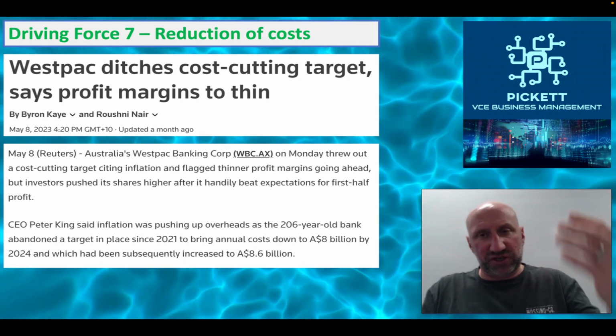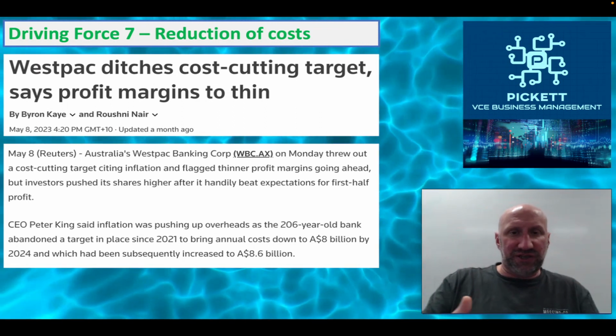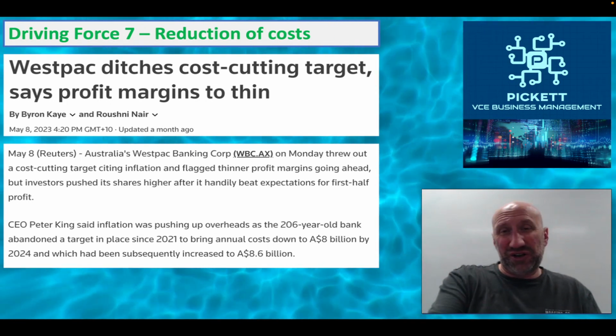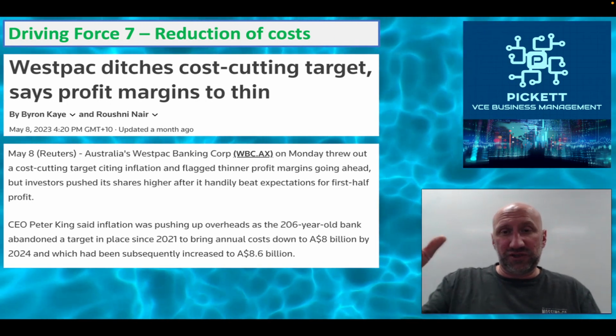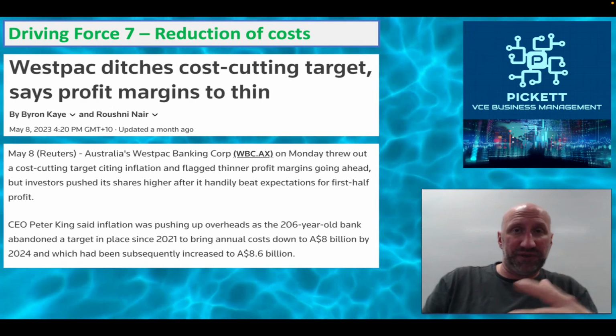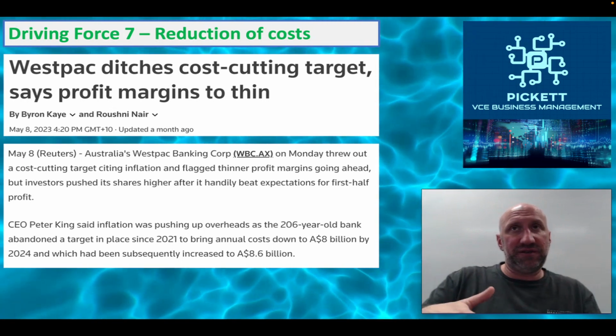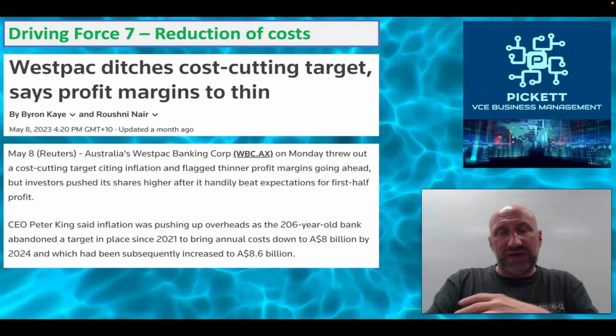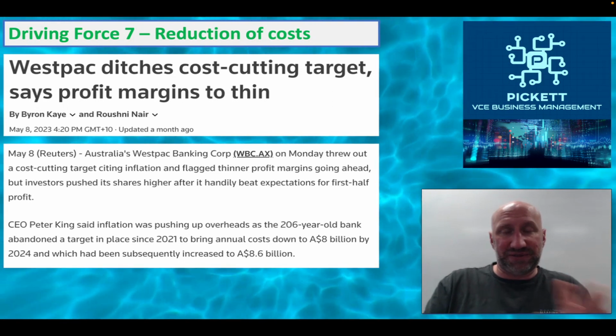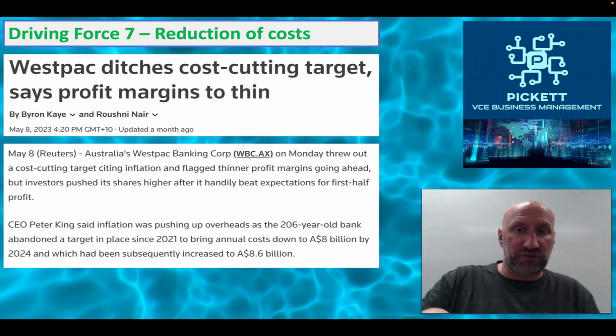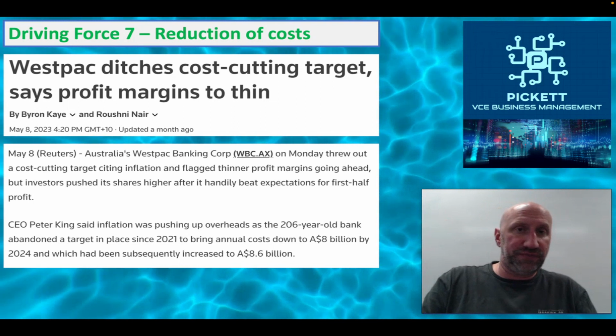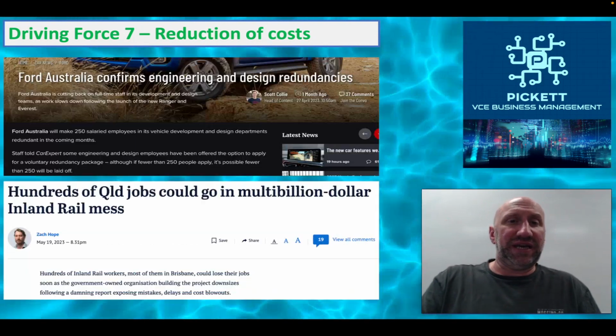Inflation has gone up, interest rates have gone up, everything has gone up. So when they set that target in 2021 to reduce costs by $8 billion a year, it probably seemed quite doable. But we move on 2 years, it's a completely different landscape. So they've actually decided to ditch that target altogether and restate it. So that's quite an interesting take on that one.